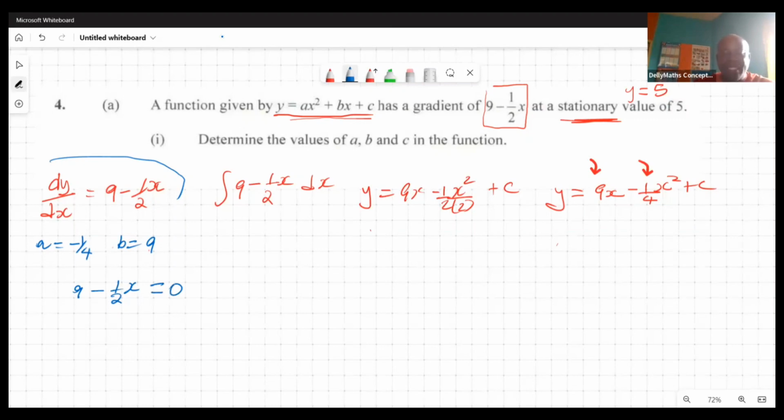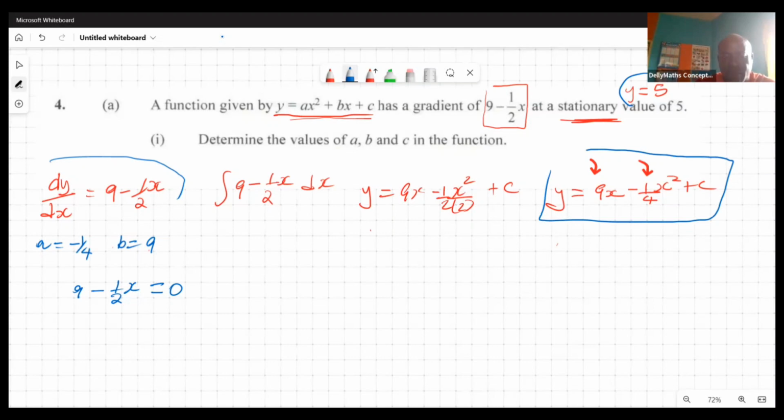Stationary means the curve is not increasing or decreasing at this point. So I could solve this to find the x value to match with this to get a coordinate at the stationary point. And when I get that coordinate, I'm going to use it back in this to find c.